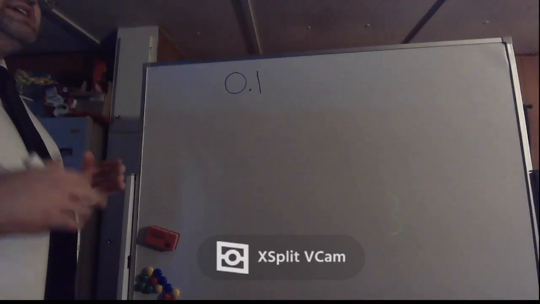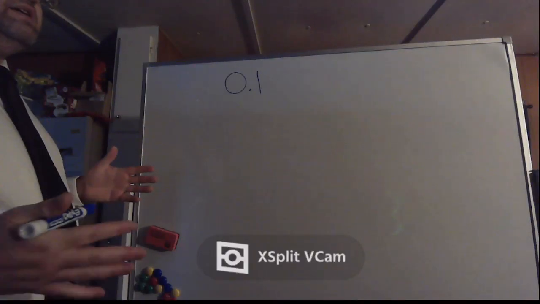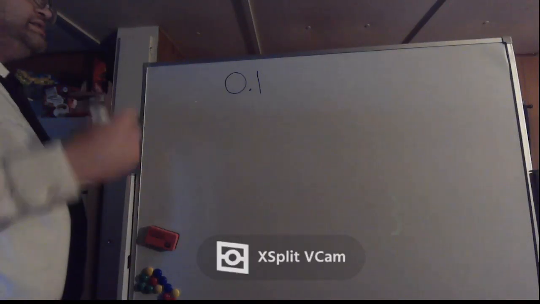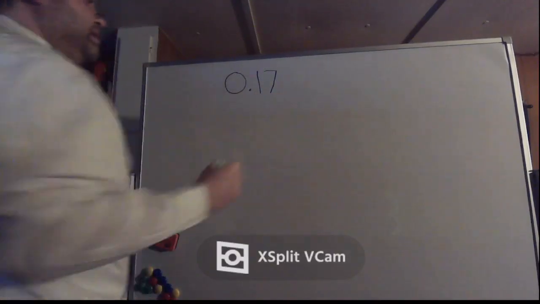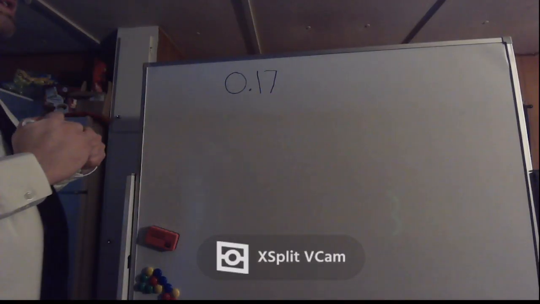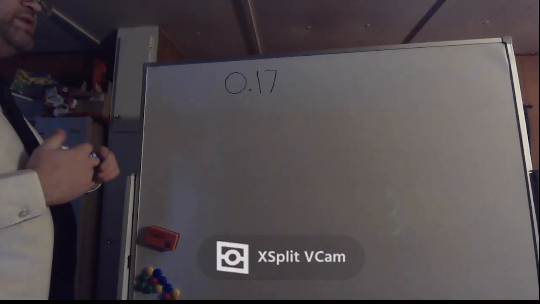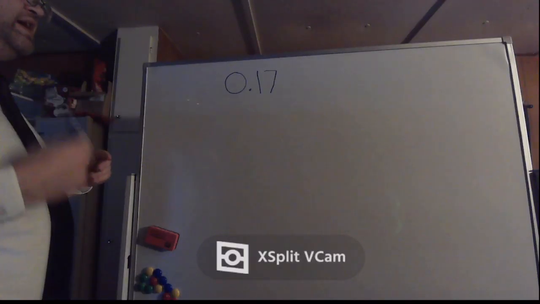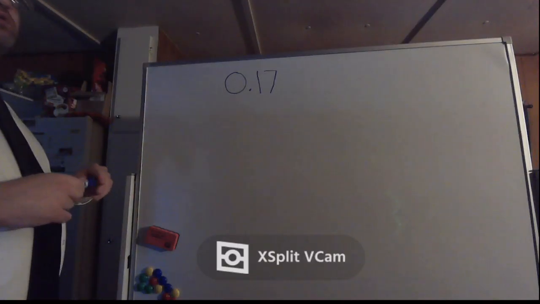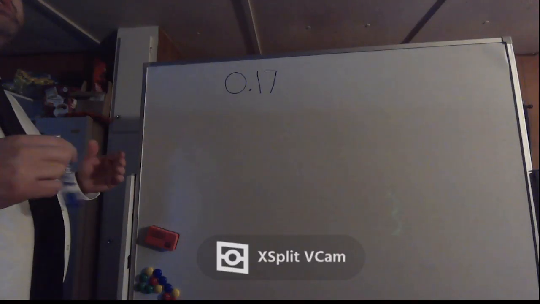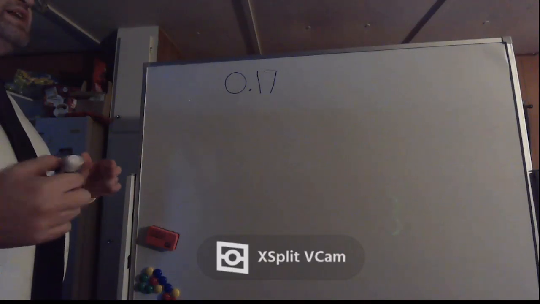You don't have to say 0 and 1/10, you just say 1/10. Let's say I add another number, 0.17 rather. In that case, you have a tenths and a hundredths place, so it would just be 17 hundredths.